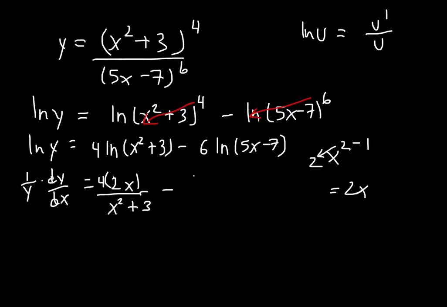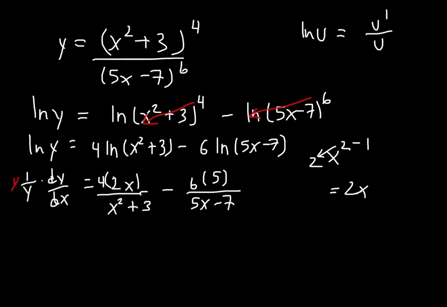Subtract 6 times, the derivative of 5x minus 7, the derivative of 5x is just 5, and the derivative of 7 is just 0, so we do not need that. And then on the bottom is just 5x minus 7. That's the derivative. And now we isolate for dy dx.